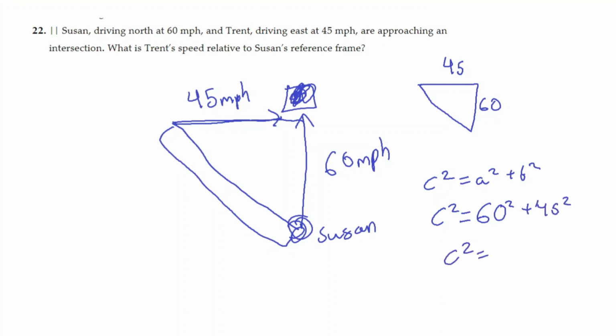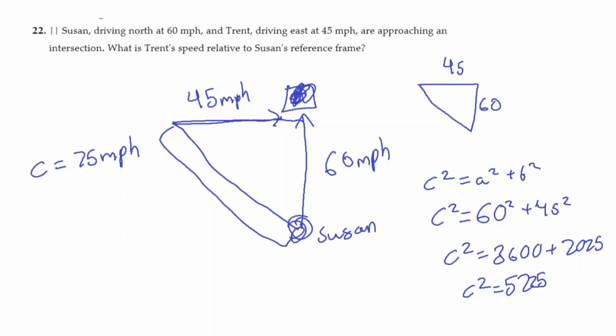So c squared is equal to 3,600 plus 2,025, in which c squared is equal to 5,625. And then you would square root it, in which your final answer would be c is equal to 75 miles per hour. And that is Trent's speed relative to Suzanne's reference frame.